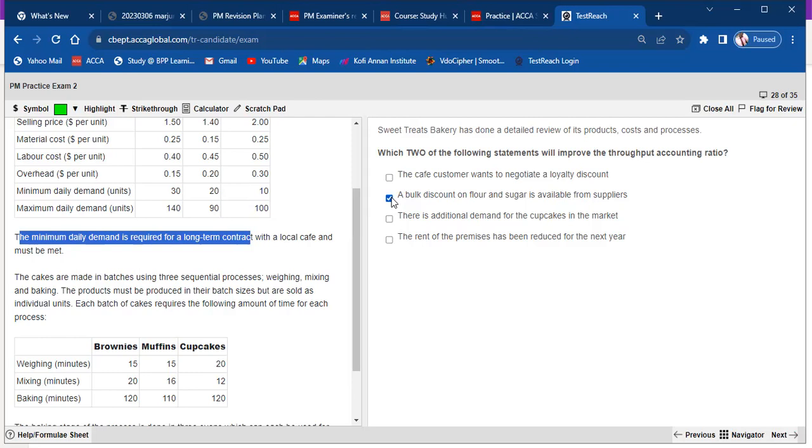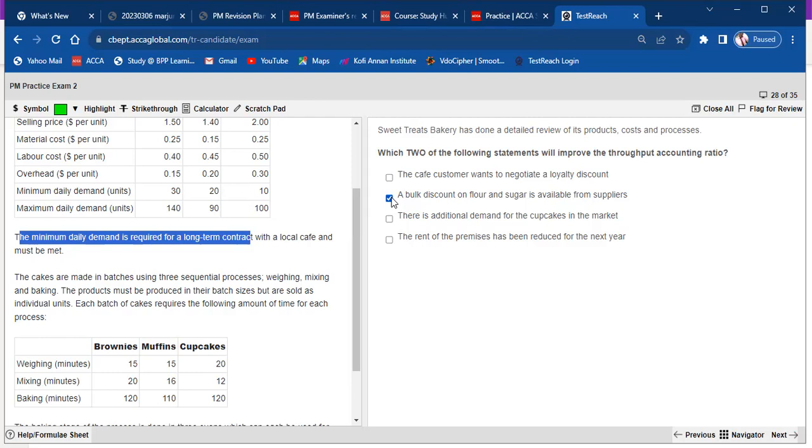Well, increasing demand does not necessarily improve your throughput accounting ratio because the whole exercise about throughput accounting is to improve the speed at which you sell products in the face of bottlenecks.